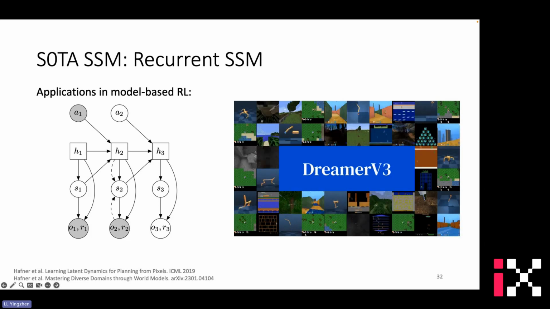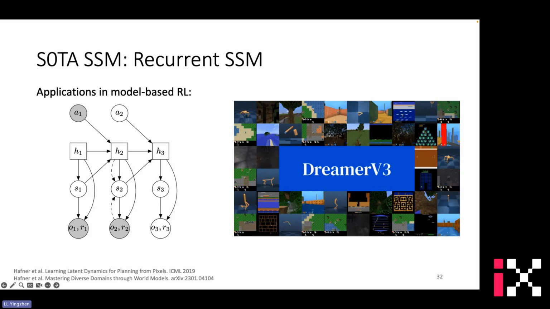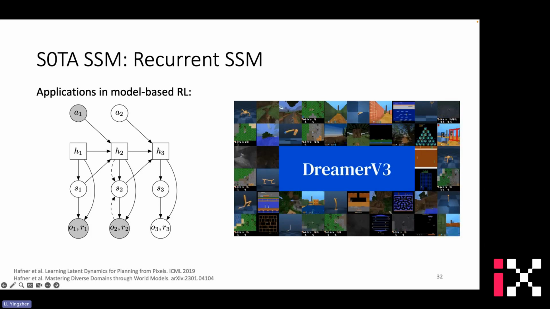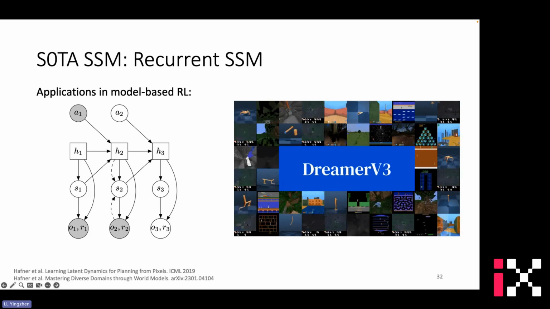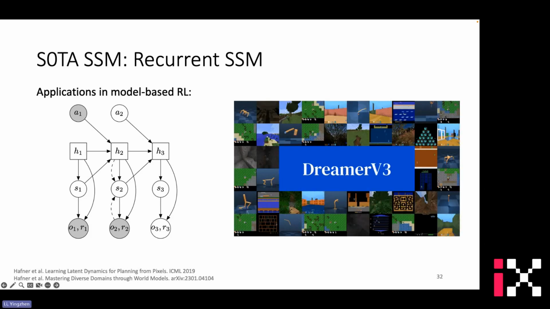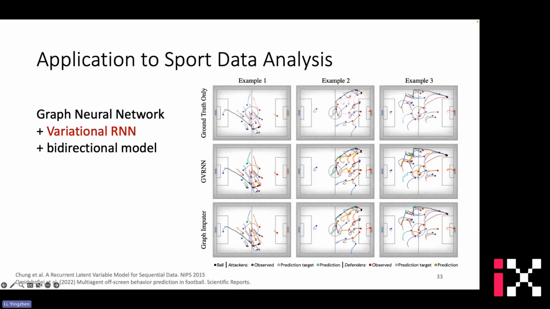At least I think this is the state of the art for SSMs in the domain of model-based RL. So if you're interested, you should definitely look it up. There are some other applications as well. Some time ago, DeepMind were also interested in sports analysis.